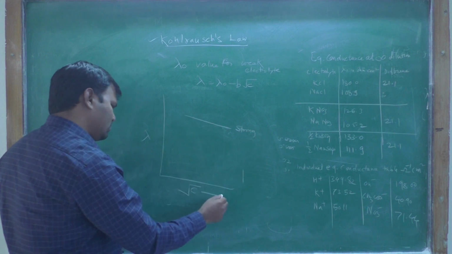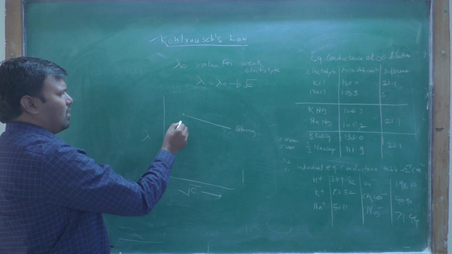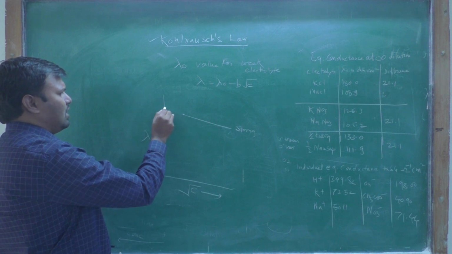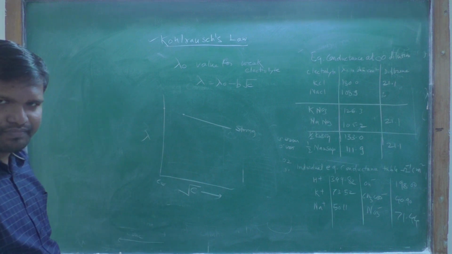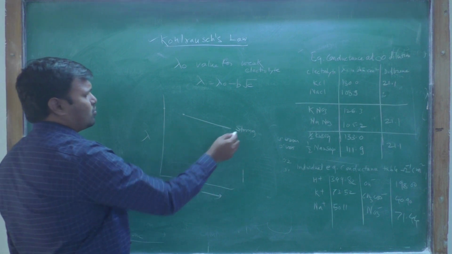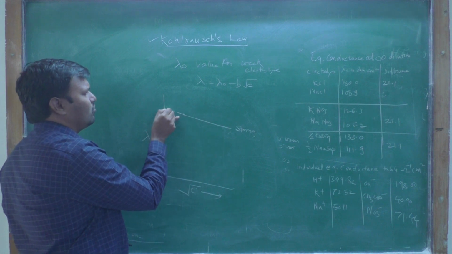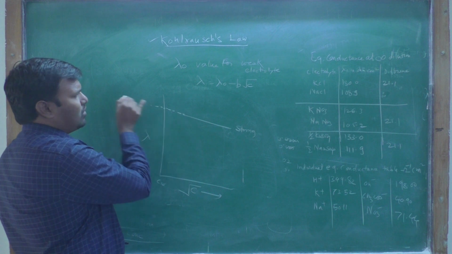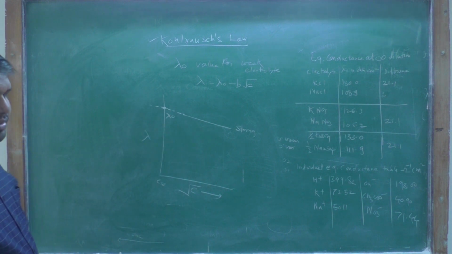But you do not reach the point C equal to 0. Therefore for a strong electrolyte, you extrapolate the graph using a scale, and that intercept gives lambda 0, the limiting lambda value.